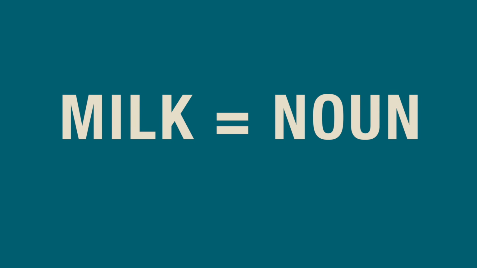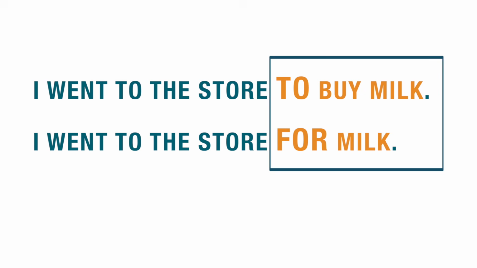That is a noun, so we use the word for. Both sentences are correct and mean the same thing. Just remember that when it comes to reasons, to is connected to verbs and for is connected to nouns.